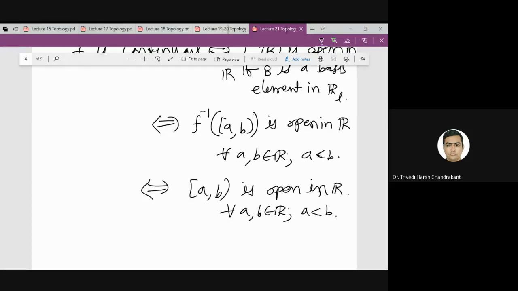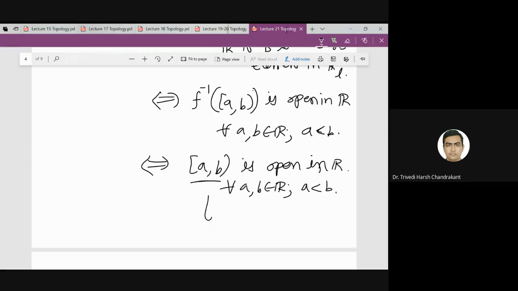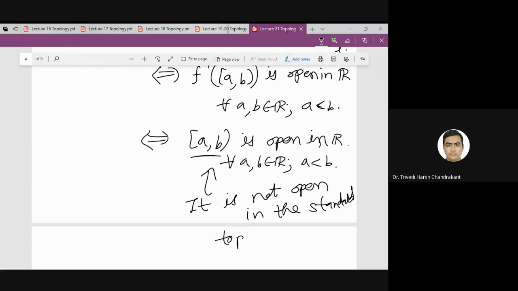So is this set open in the standard topology? No, it is not open in the standard topology on R. Therefore this statement is false.